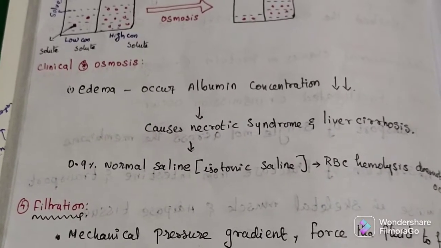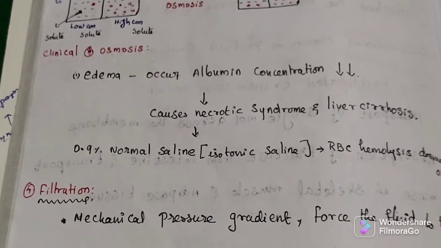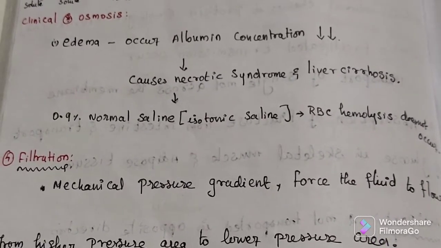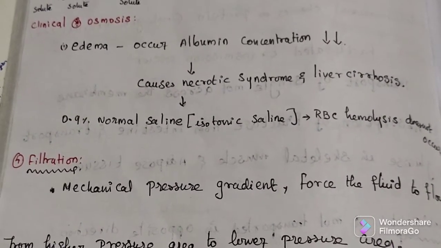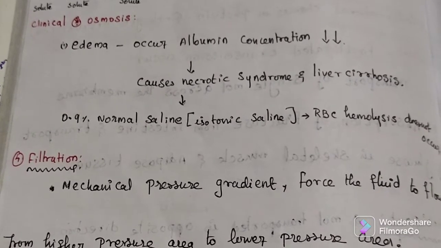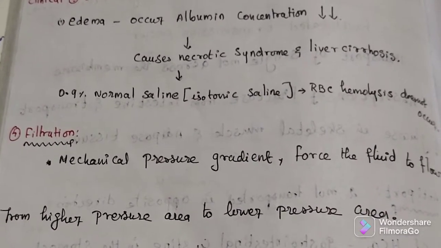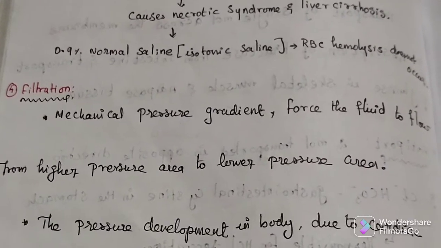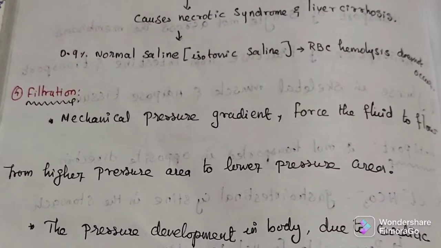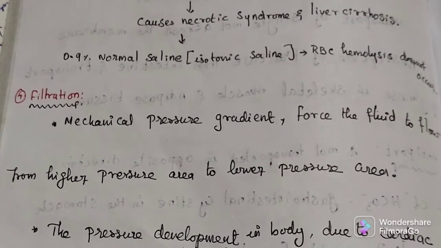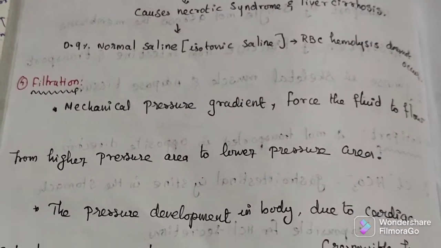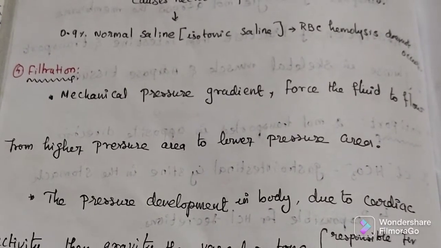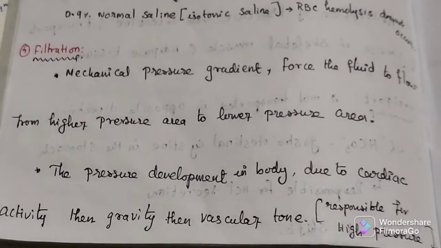Fourth method is filtration. It is a mechanical pressure gradient which forces fluid to flow from a higher pressure area to a lower pressure area. The pressure in the body is due to cardiac activity or cardiac output, then gravity, then vascular tone.